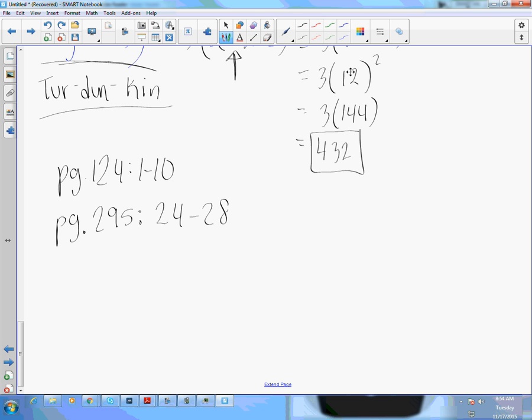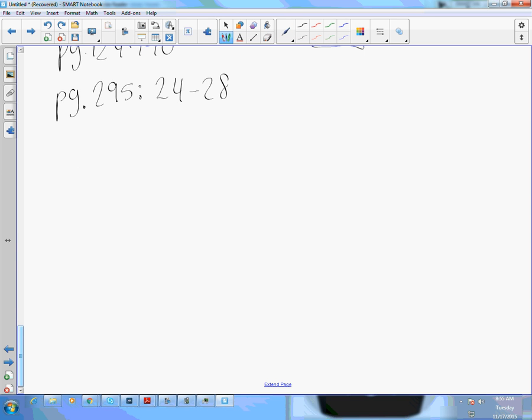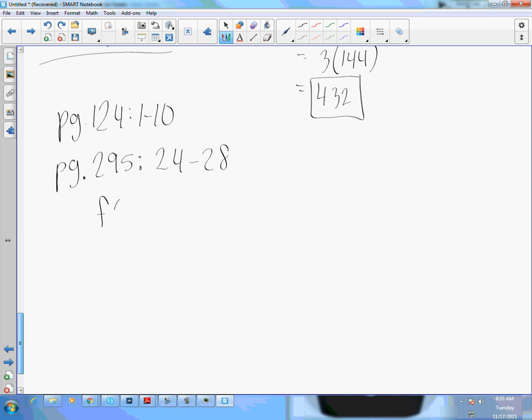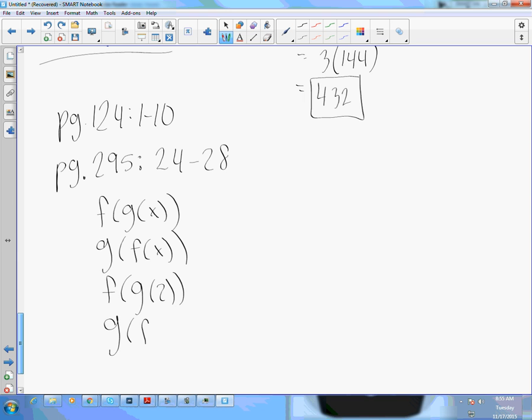That only takes you to add, subtract, multiply and divide. I also want you to find F of G, G of F, F of G of 2, and G of F of 2. So add in 4 more problems. Okay? And study for your test.